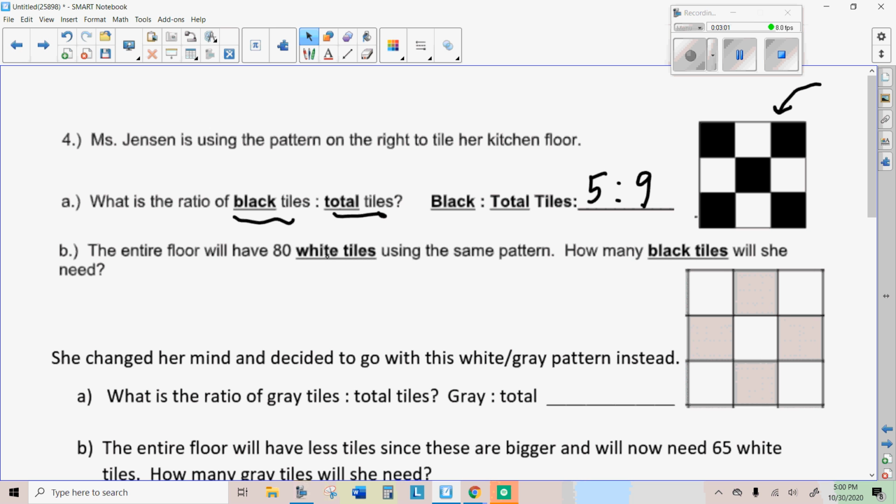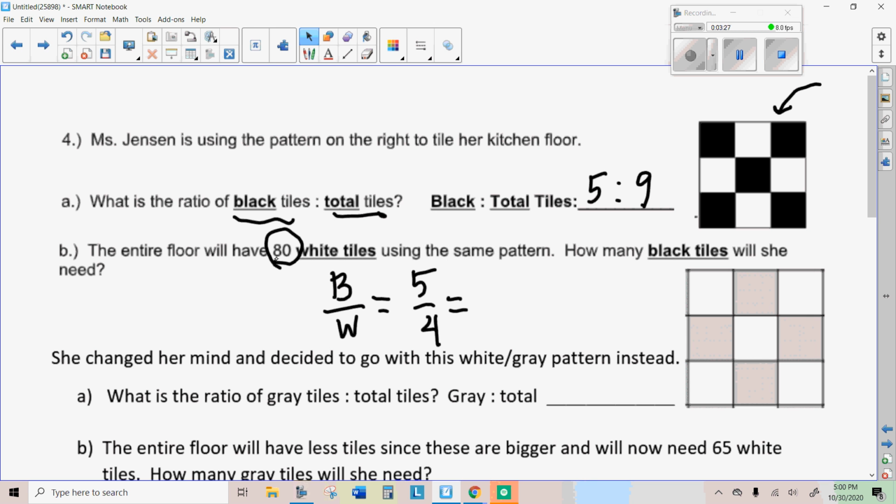The entire floor will have 80 white tiles. Using the same pattern, how many black tiles will she need? Well, we need white tiles in there, so let's do the ratio of black to white. So that's 5 to 4. And that should equal the whole floor ratio.